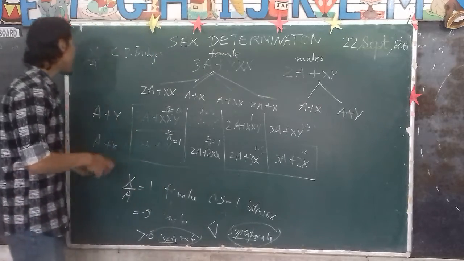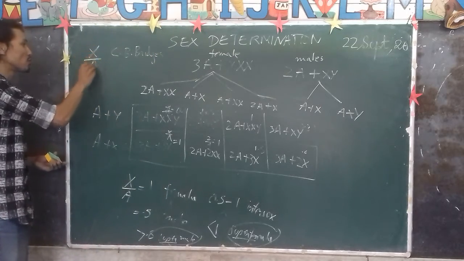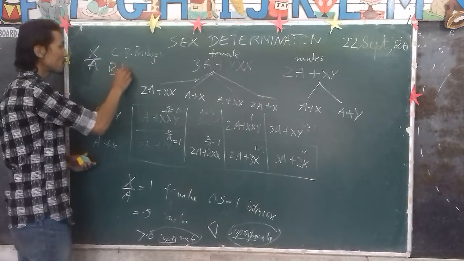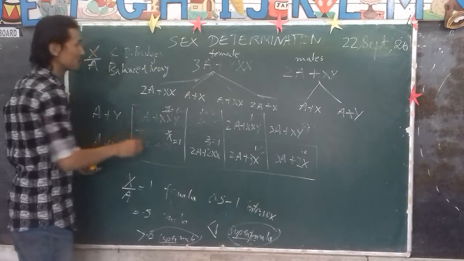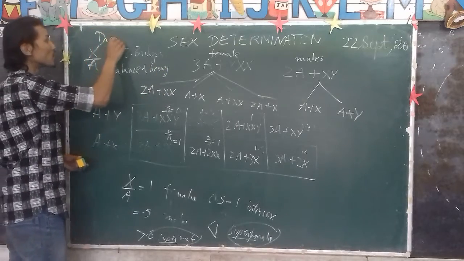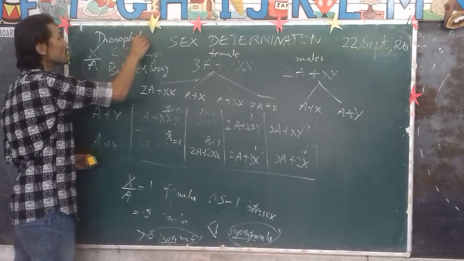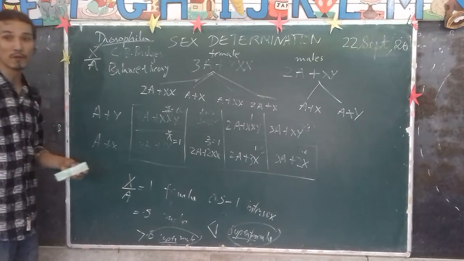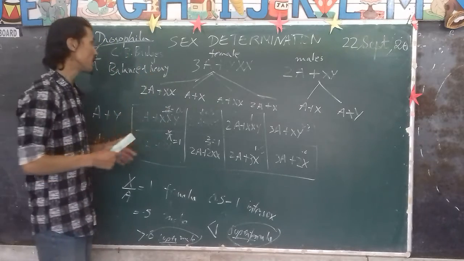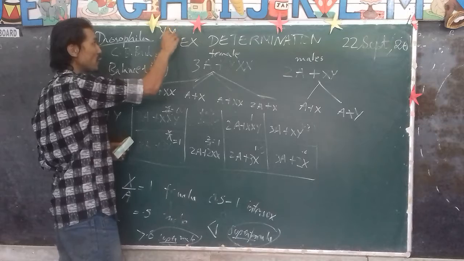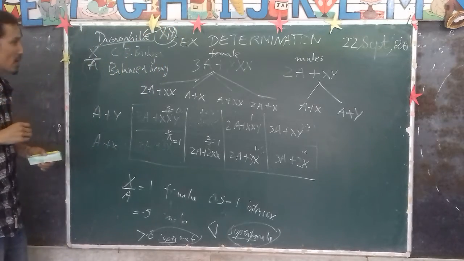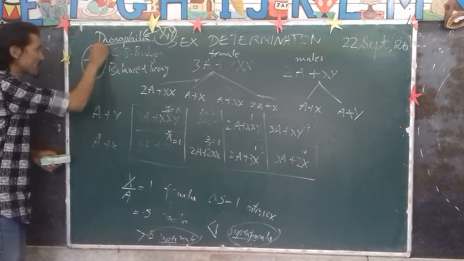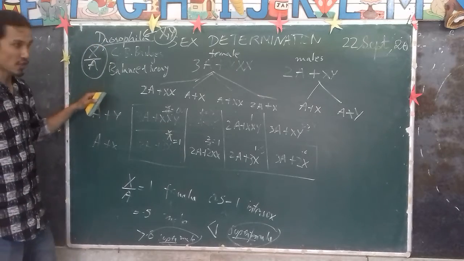So this X by A ratio is also known as the balance theory of sex determination in Drosophila. Drosophila is a fruit fly. In addition to sex determination by the sex chromosomes, that is X and Y, sex determination in Drosophila is also determined by the X by A ratio.